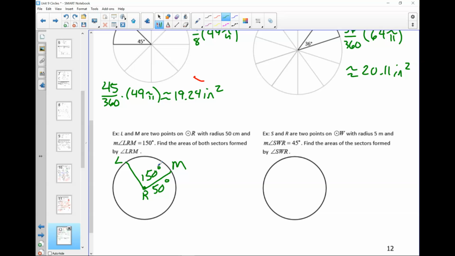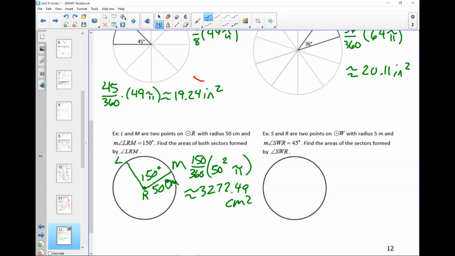Okay, find the area of both the sectors formed by angle LRM. So the first one is going to be 150 over 360 times 50 squared pi. That will give us approximately 3,272.49 centimeters squared.